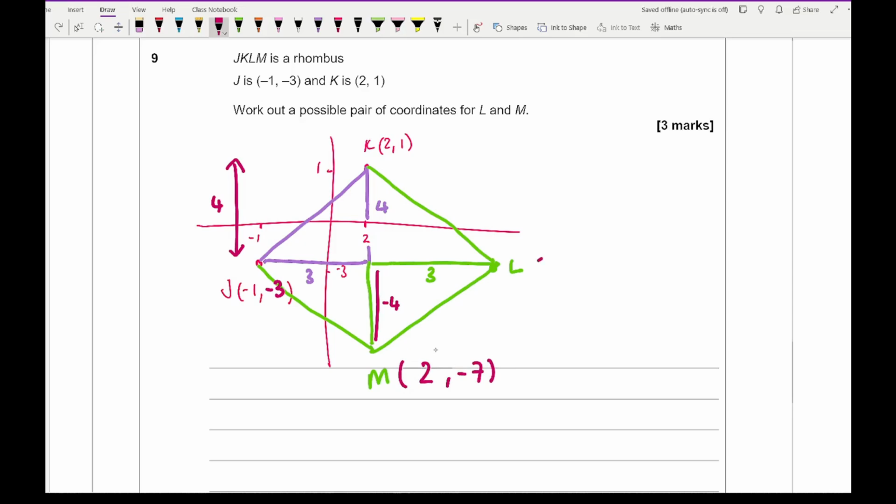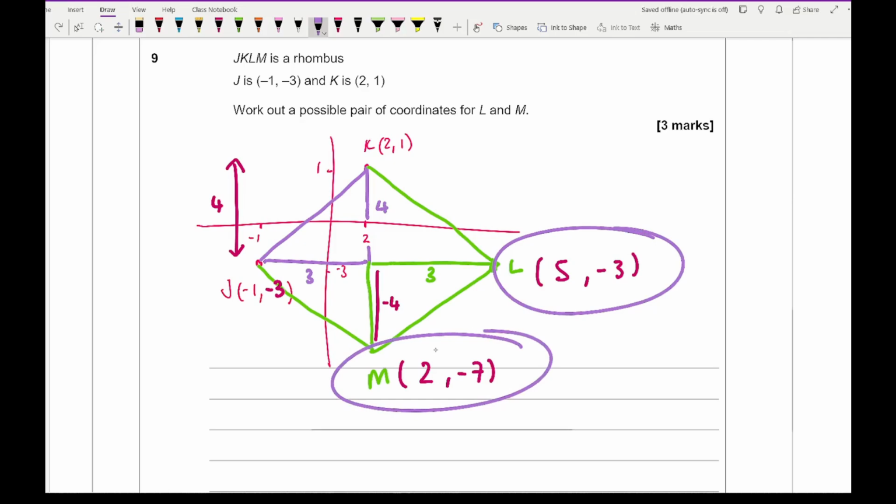And then L is going to have the same y ordinate as J, which is -3, but the base of that triangle, which is 3 from 2, is going to be 5. So a possible answer is L equals 5, -3 and M equals 2, -7.